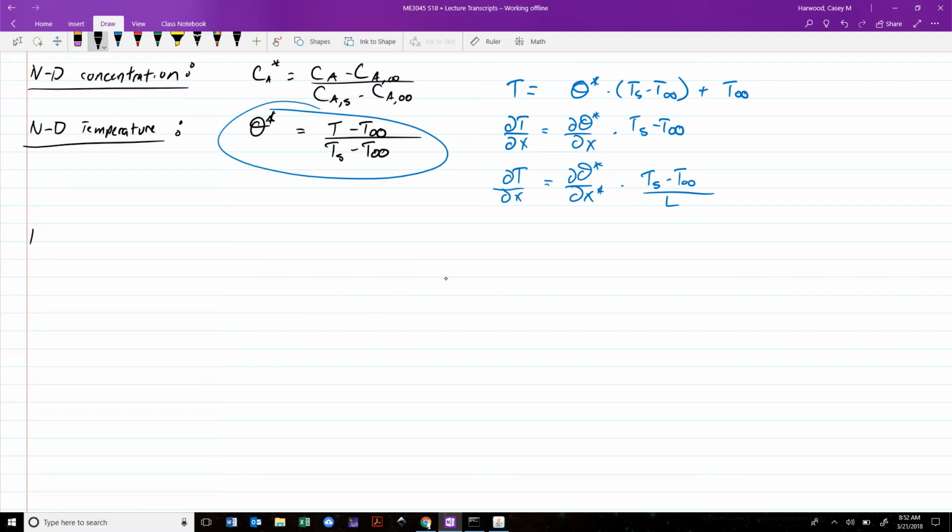So, the non-dimensional governing equations.